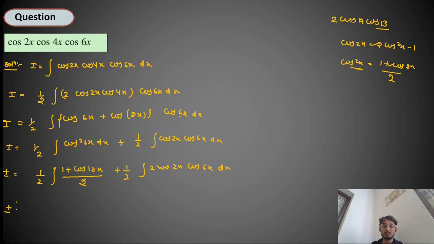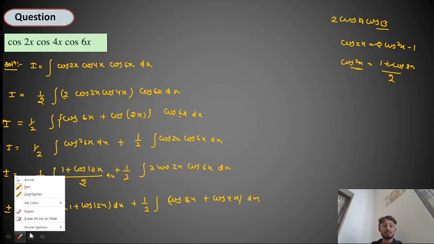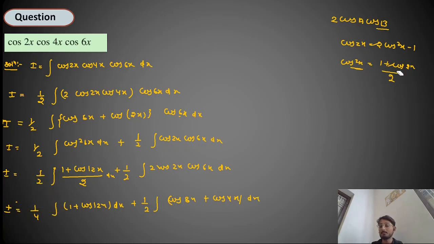So I equal to 1 by 4 (1 plus cos 12x) dx plus 1 by 2 cos(a plus b), it means 8x, and (a minus b), it means 4x, dx. Now there is the last step, you have to do only integration.